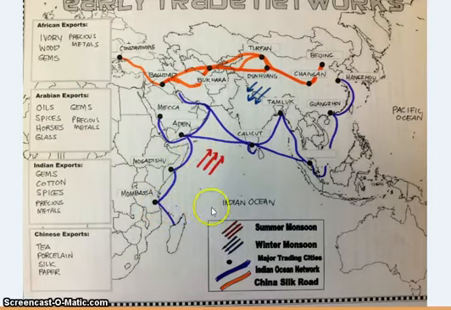Now, what you notice with the Indian Ocean Network is that the routes that these people take are very close to the coast. Now, this is important. Many of these countries and societies, their ships aren't big or very advanced. So they have to make sure they stay near the coast and they can see land. If they venture too far out into the ocean, there's not really much around they can see and they can easily get lost. Remember, the compass has not been invented yet.